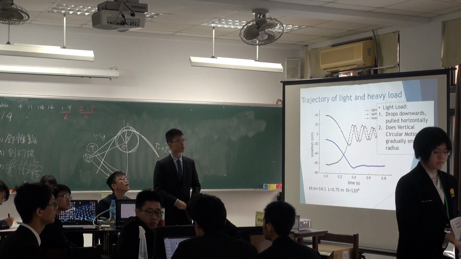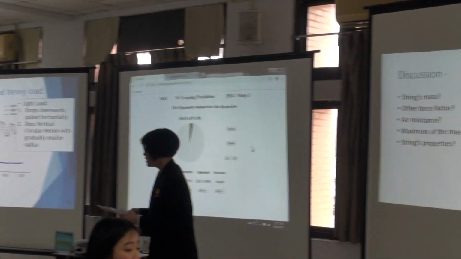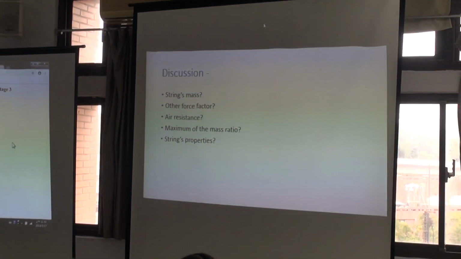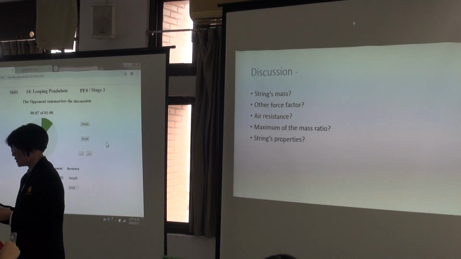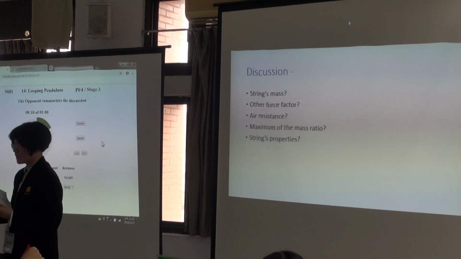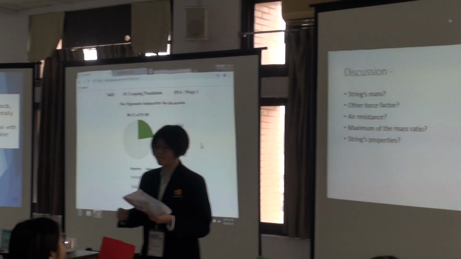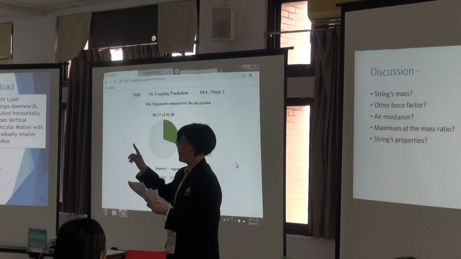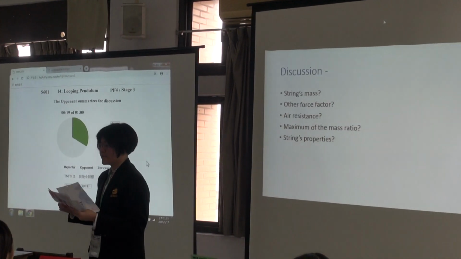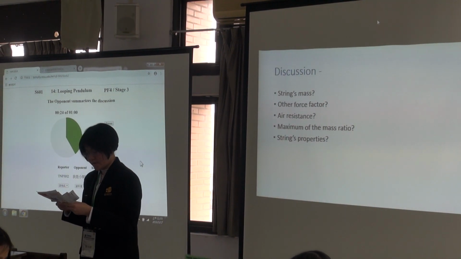Time is up for the discussion. The opponent summarizes in 1 minute. Yes. According to what I just discussed with the reporter, he has mentioned that the string mass can be ignored. I think the string mass will cause an upward normal force, which can keep the heavy load from falling to the ground.